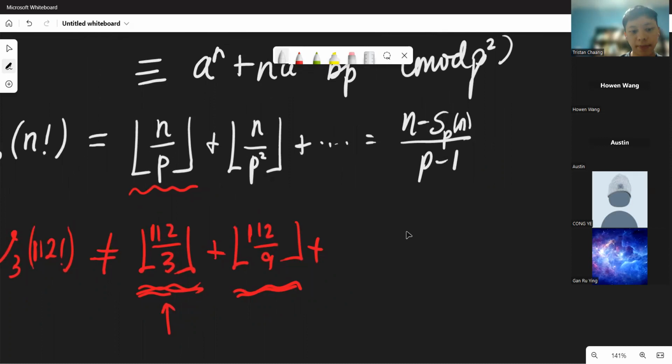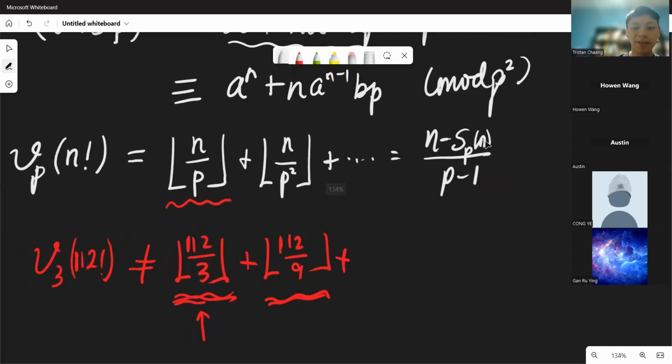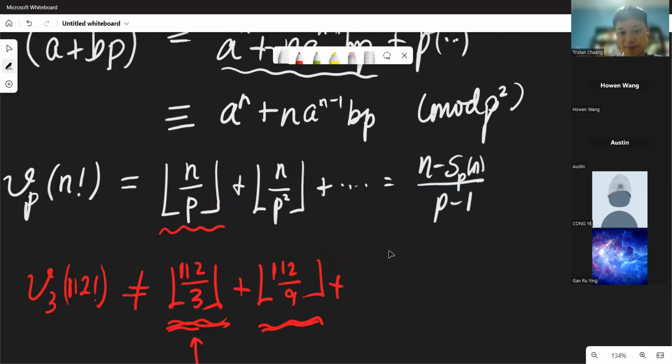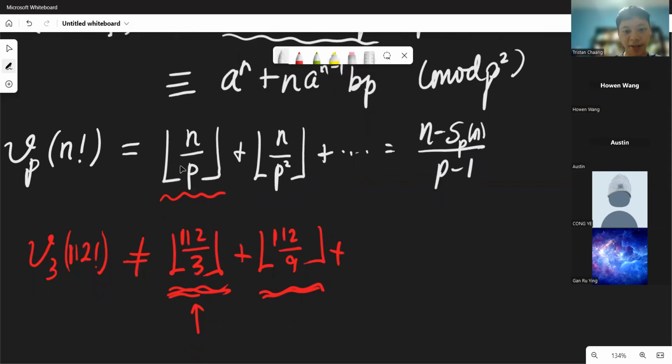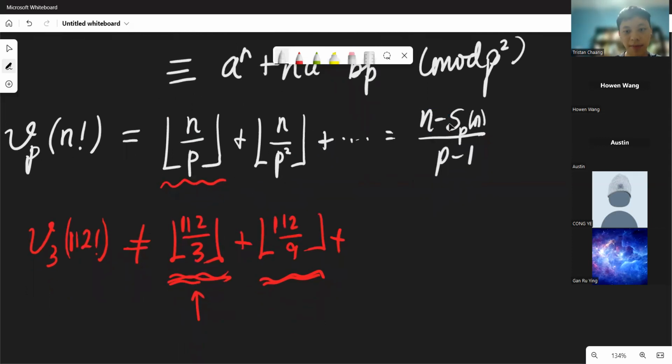So how do we get that instead? I mean you can just brute force and put it inside. Geometric sum. Yeah, kind of. So first of all, this formula kind of makes sense, because if these terms on the left, n over p squared, n over p cubed, and so on, don't have floor functions outside of them, it is a geometric series that sums up to n over p minus 1, right?